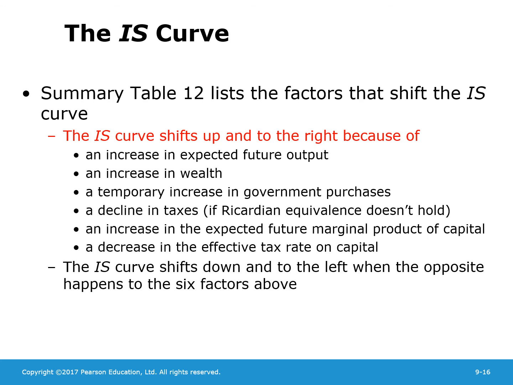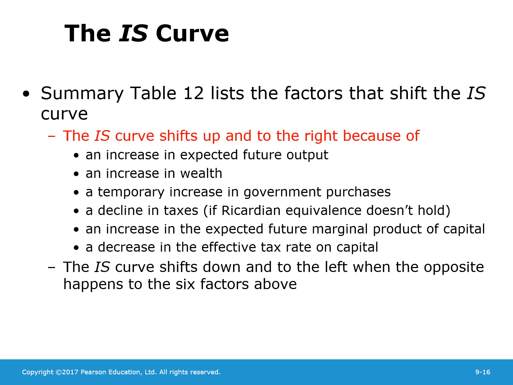So to guarantee that a change will occur in the IS curve, we have to mention that we are assuming that Ricardian equivalence does not hold. So here, when taxes decline, people are not looking into the future to what will happen to future taxes. They are just looking at what happens currently.